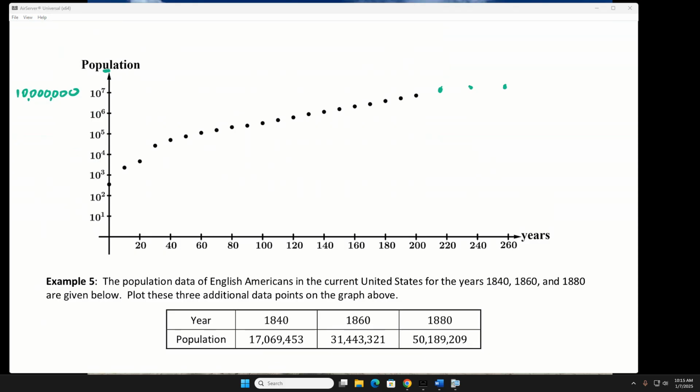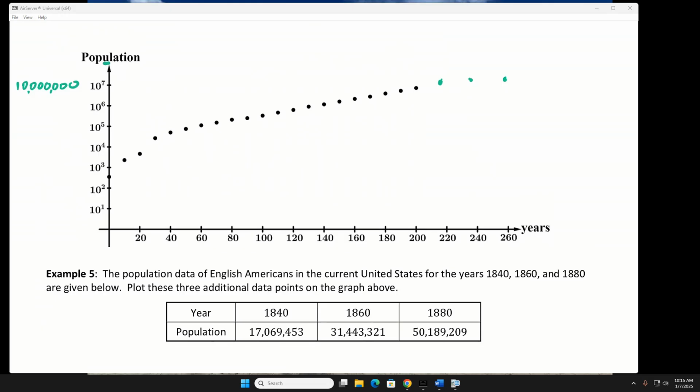And we're going to come back to this. We're going to do a whole lesson on these types of graphs, so don't get too stressed about this today.